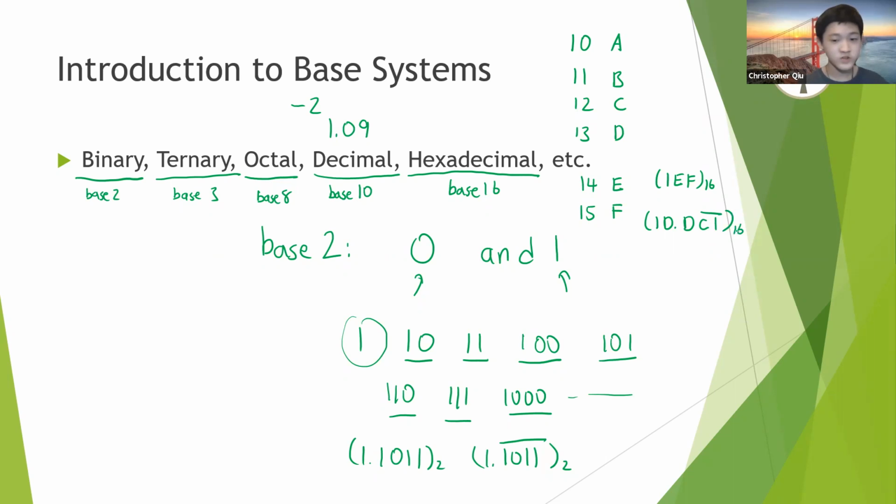And in base 16, we also have the digits 0 through 9, so we could also have a number like this.